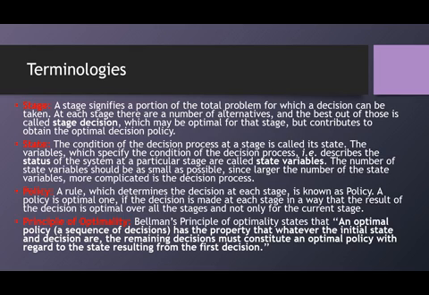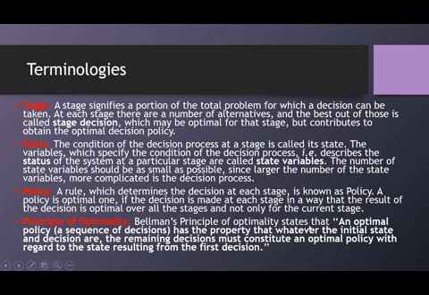Then that rule is called a policy. A policy is optimal if the decision made at each stage is such that the result of the decision is optimal over all the stages and not only in the current stage, right? So we term it the principle of optimality.